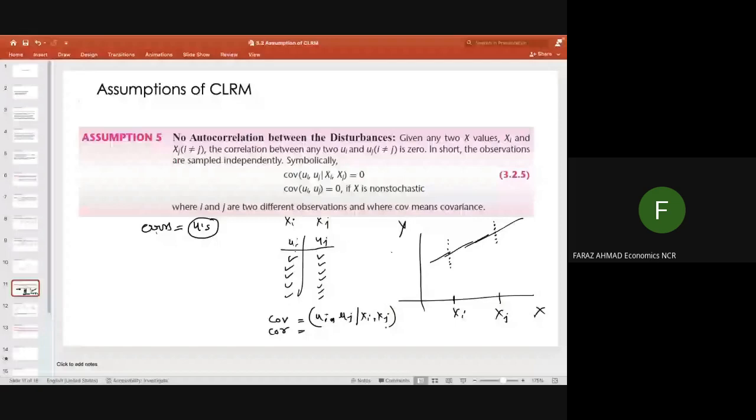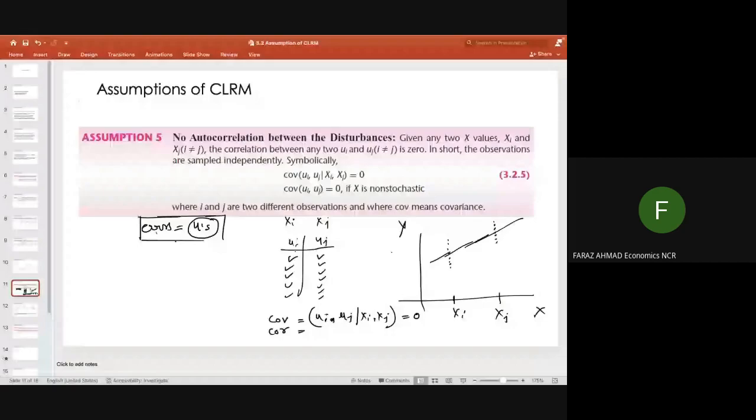So if this covariance between ui and uj turns out to be zero, then we would say that there is no autocorrelation across or within errors. U's are not related or correlated with other U's, right? So that's why we made two sets, UIs and UJs.